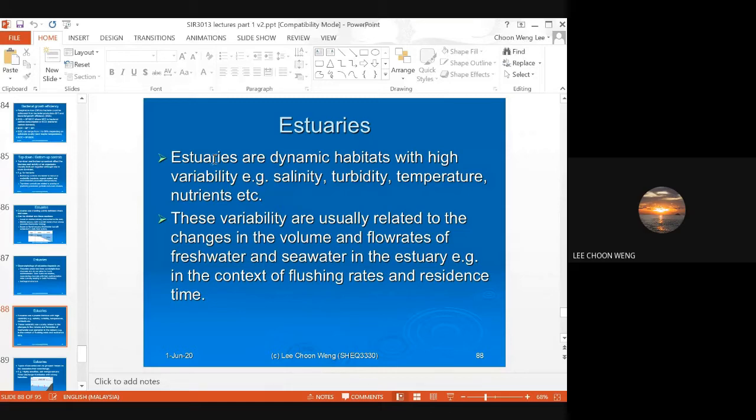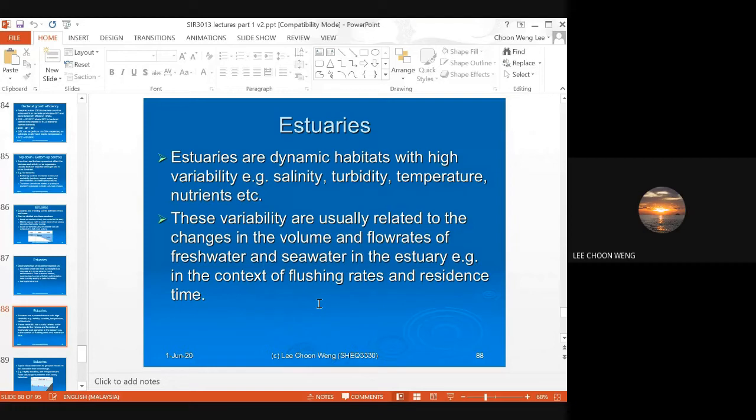The variability in salinity, turbidity, temperature, and nutrients is related to the volume and flow rates of the freshwater and seawater, in the context of flushing rates and residence time. Flushing rates and residence time are used to describe how long it takes for the water volume in the river mouth to be replaced by the river water.